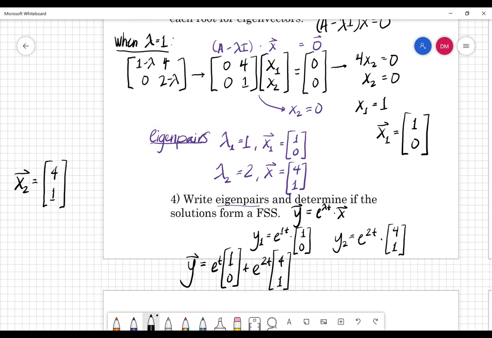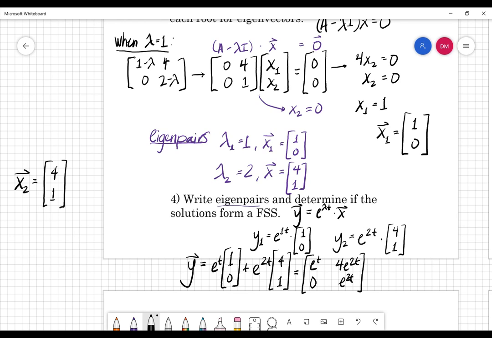And this gives us a solution set. We want to verify, obviously, that it's a solution set, but the way we write this full thing in matrix form is we do our multiplication. So we have e to the t times 1, e to the t times 0, e to the 2t times 4, e to the 2t times 1.